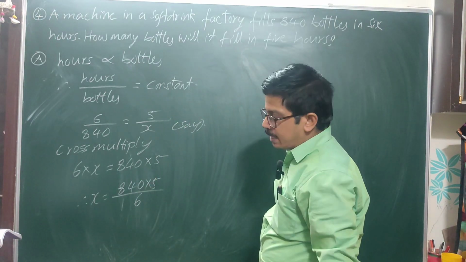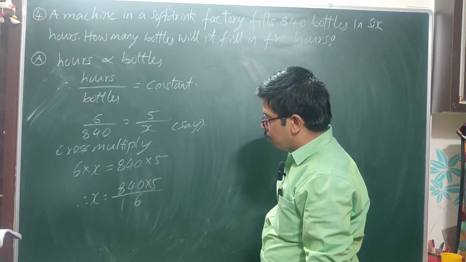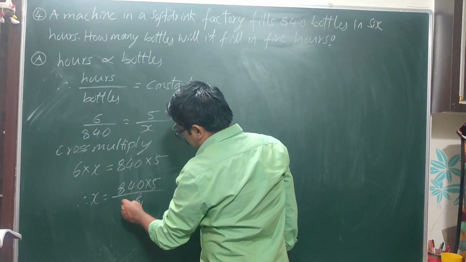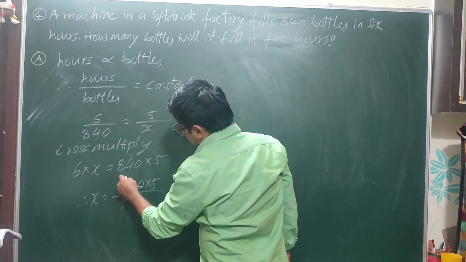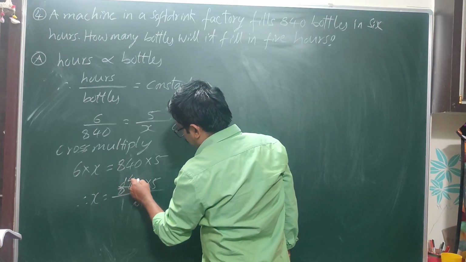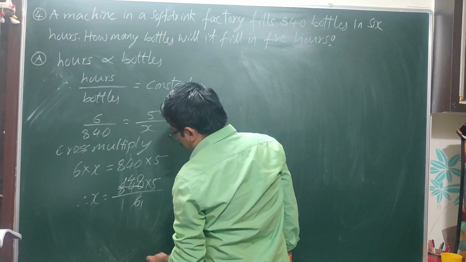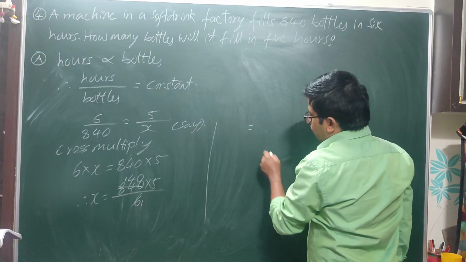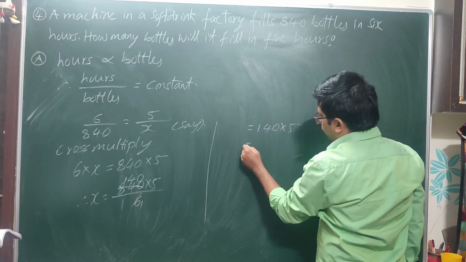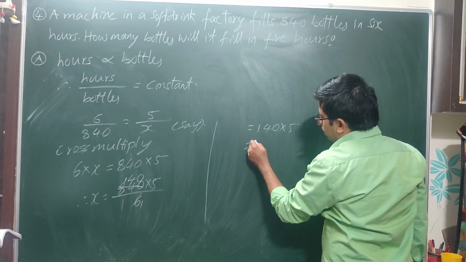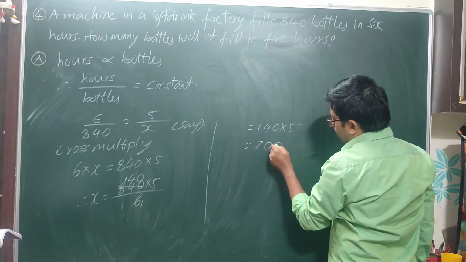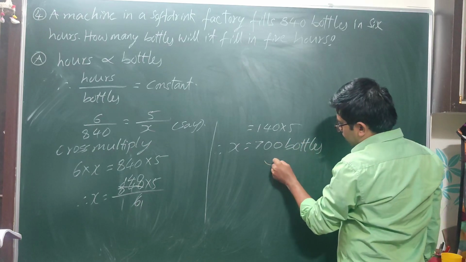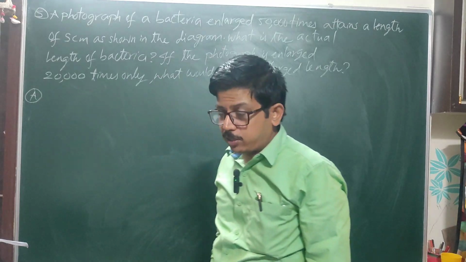Multiplying x on the left side is 6; if it moves to the right side of equality, it divides 840 into 5. So 6 ones are 6, 6 fours are 24, 6 zeros are 0. So equal to 140 into 5 equal to 700 bottles is the answer.